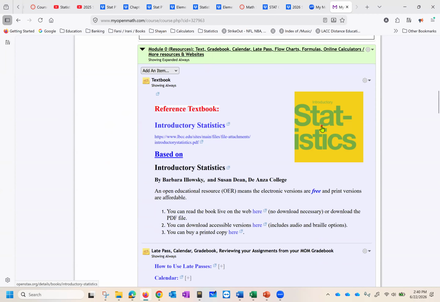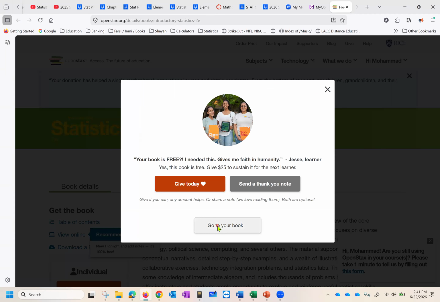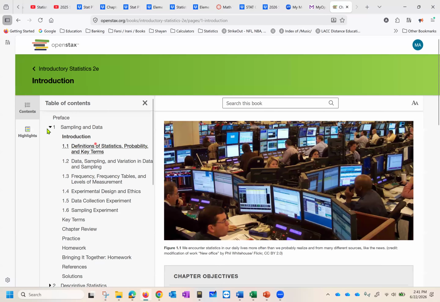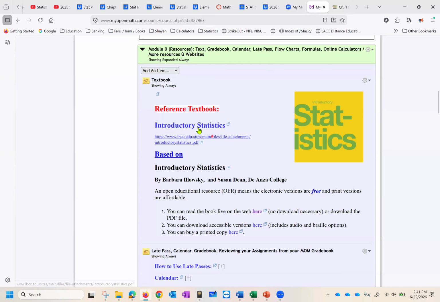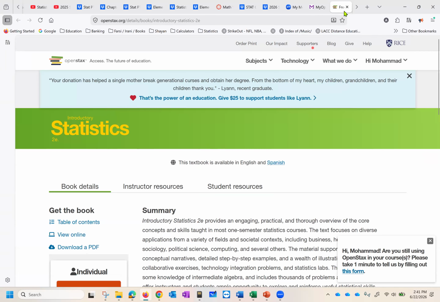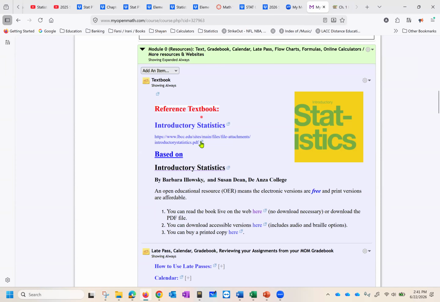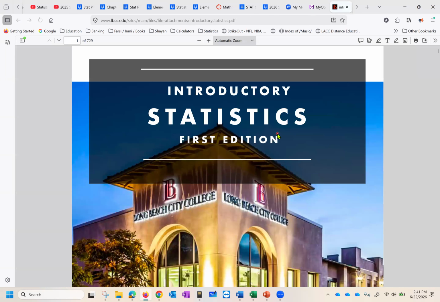So here's the text, everybody, which is this one, based on what I just showed you.